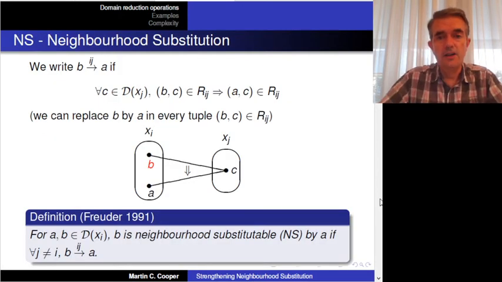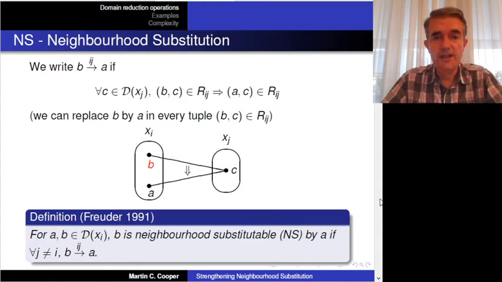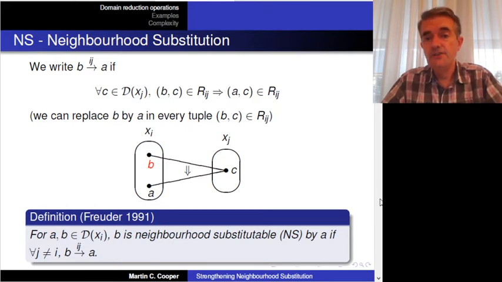So as I said, our new operations will be generalizations of neighbourhood substitution. So just to recall neighbourhood substitution, a value b is neighbourhood substitutable by a in a domain of variable xi, if for each other variable xj, for each value c which can be assigned to this variable, if b is consistent with c, then so is a.